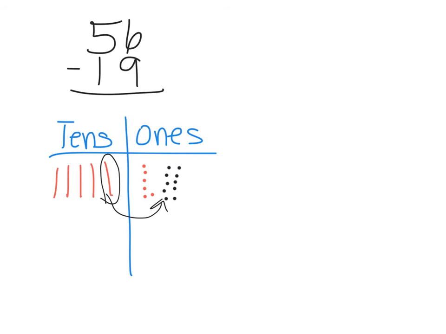So looking at the standard algorithm, what did we do? We took one of the tens and we moved it over to the one side. So now we have 16. If you count that, that's 16. If you count how many tens are left, it's 4.